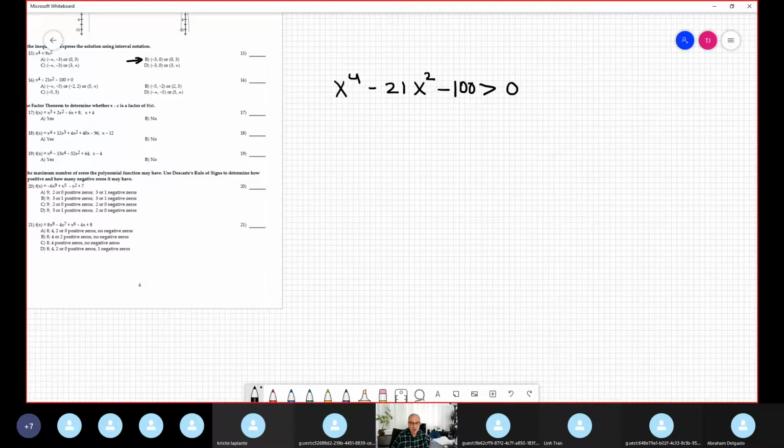Now I focus on the factorization of this polynomial, no? Que es of degree 4. Ok, no problema. Pero es trinomial. Es trinomial, entonces the factorization is square root of this guy is x squared, and the combination in 100 and 21 is 25 and 4, because 25 times 4 is 100, and somehow 25 minus 4 is 21.